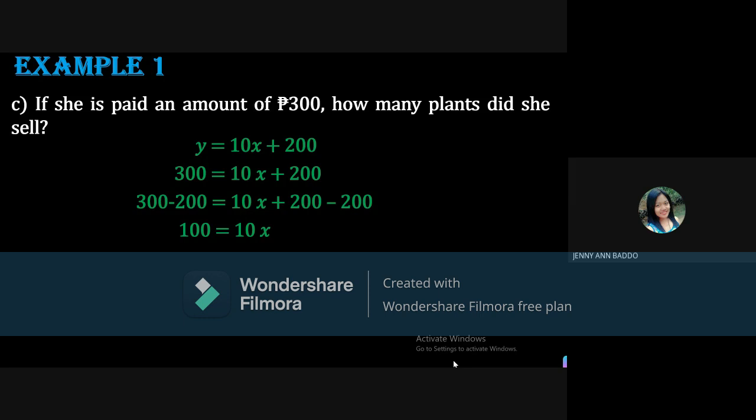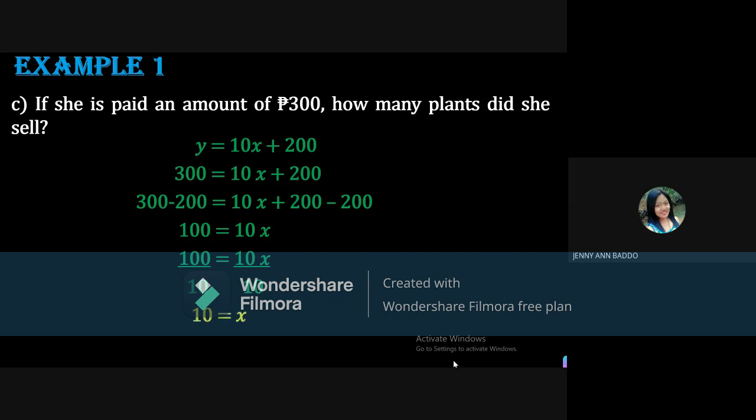Now, since we are looking for the value of the variable x or the number of plants Maria sells in a day, then we have to get rid of the numerical coefficient of x, which is 10. And that is done by dividing both sides by 10. So we have now 100 divided by 10 is equal to 10x divided by 10. 100 divided by 10, that is 10.